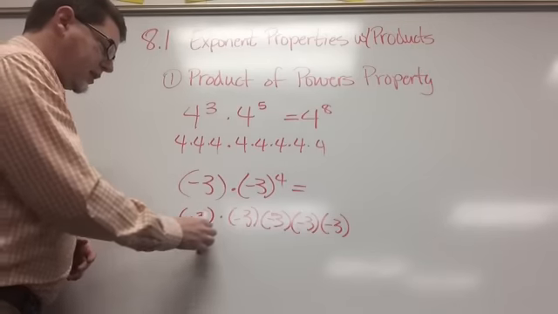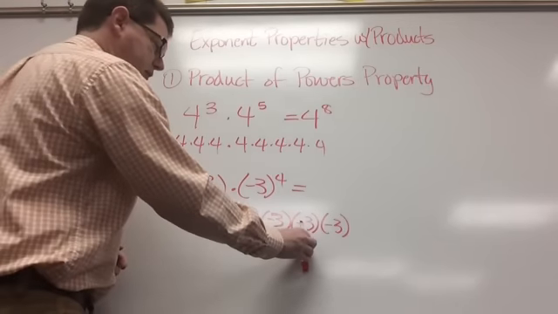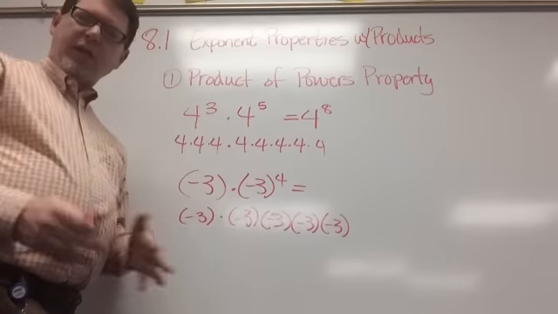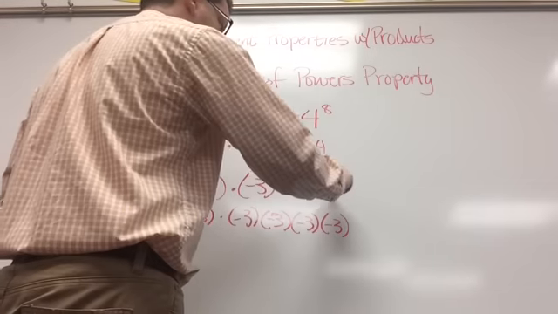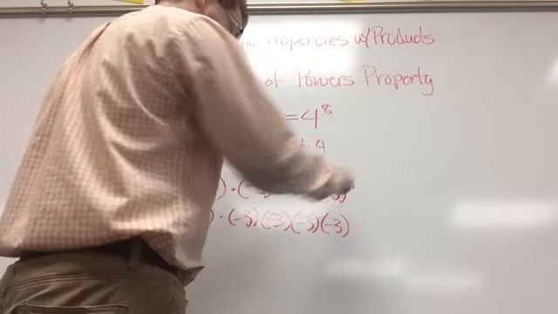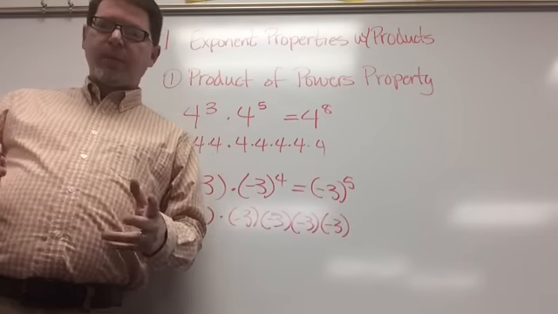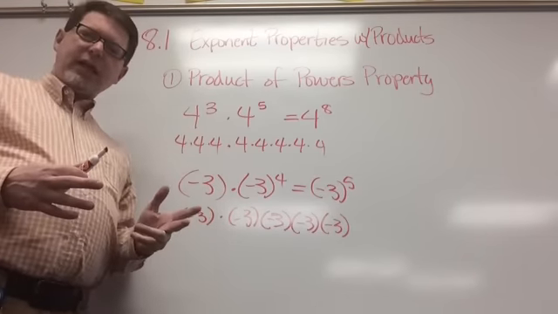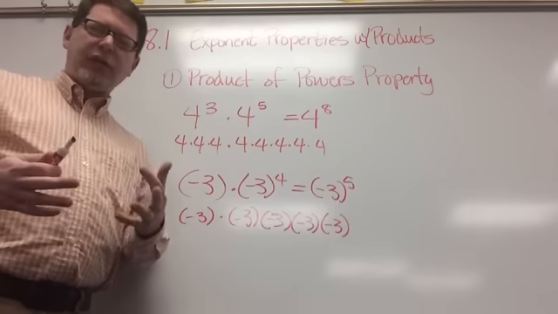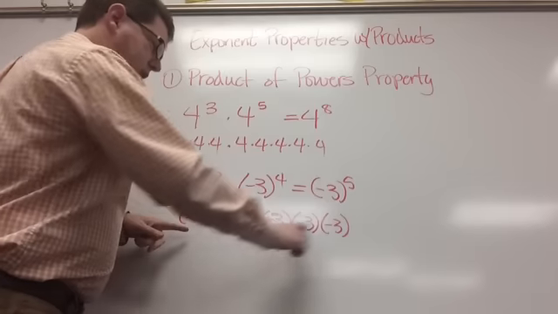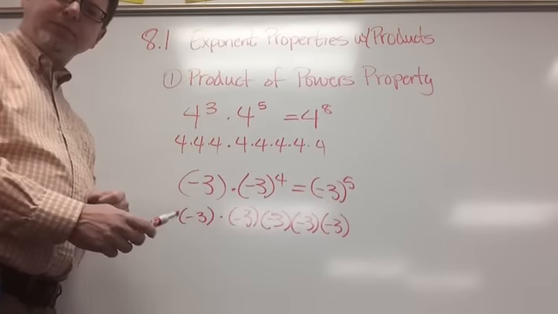So I've got negative 3 five times, and when you simplify that, you get negative 3 to the 5th power. I wonder if you can come up with a rule that helps me to solve this a little more quickly than having to write all of these products out.